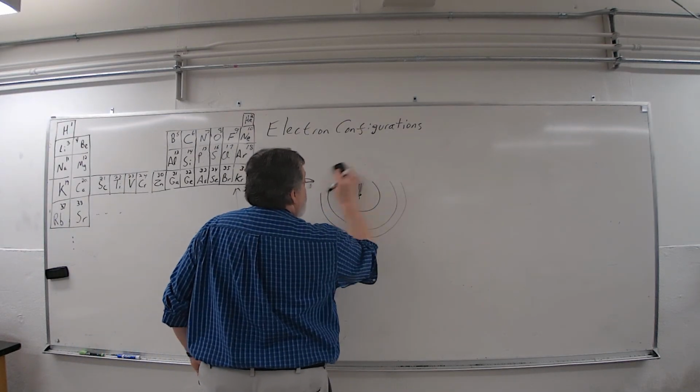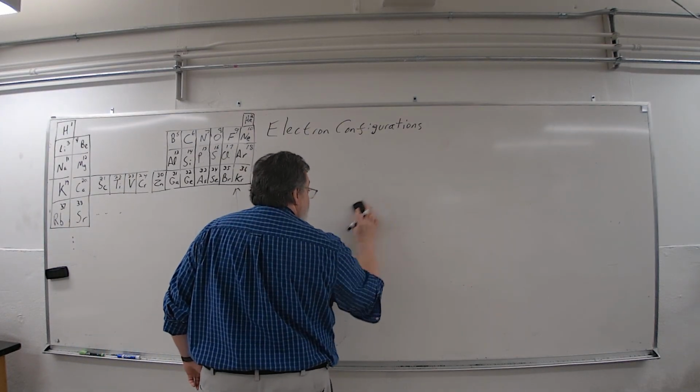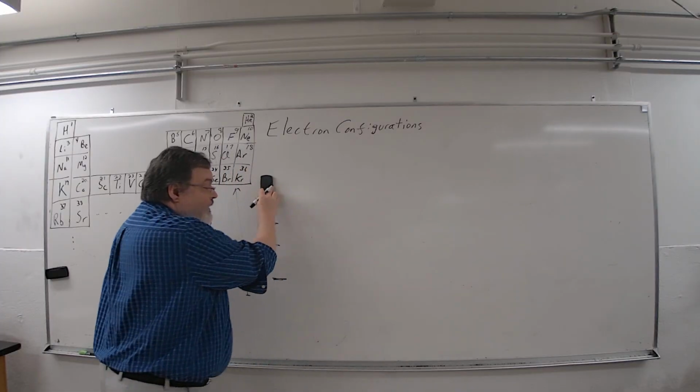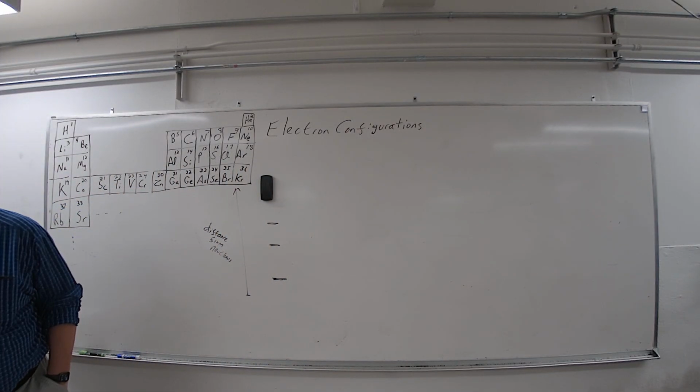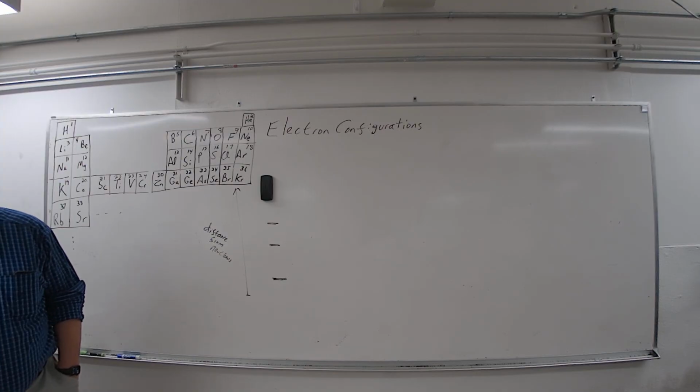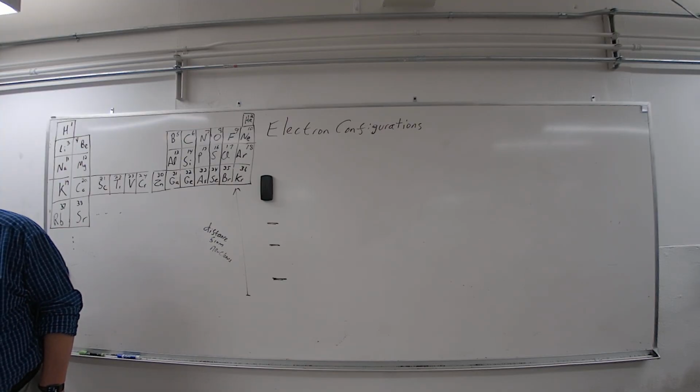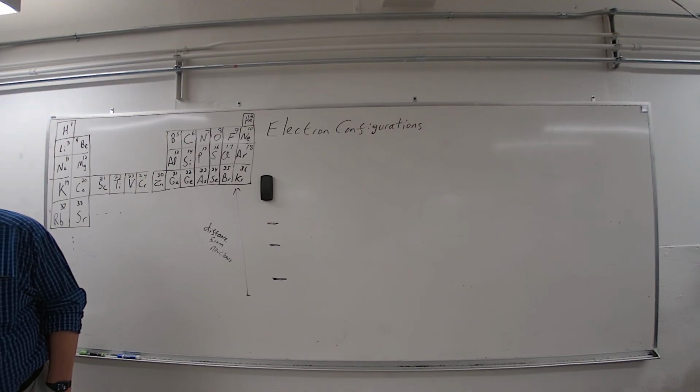To do electron configurations is actually very easy. You start like this, without even looking at the periodic table. If it's an electron configuration problem, think like this: 1, 1, 3, 1, 3, 5.